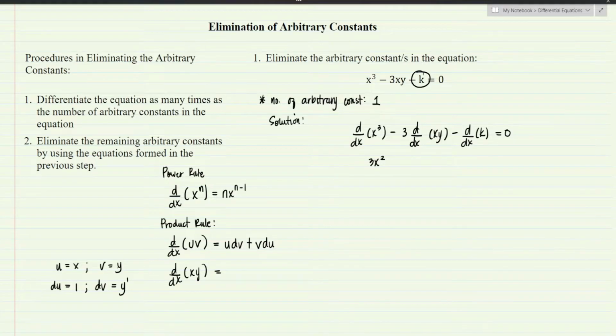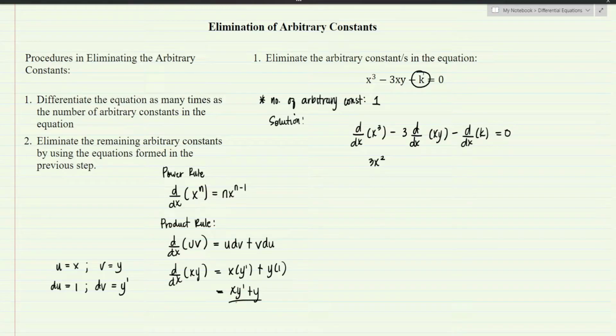So plugging in these values, the derivative of xy would be u times the derivative of v, which is x times y prime, plus v times the derivative of u, which is y times 1. So the answer here would be xy prime plus y.